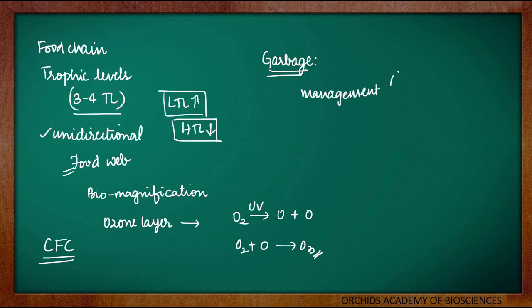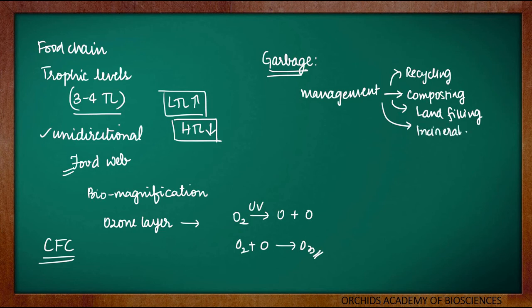The first one we saw was recycling. Then we discussed about composting. Then we discussed about landfilling. And finally we discussed about incineration, or can also be called as burning in simple language.